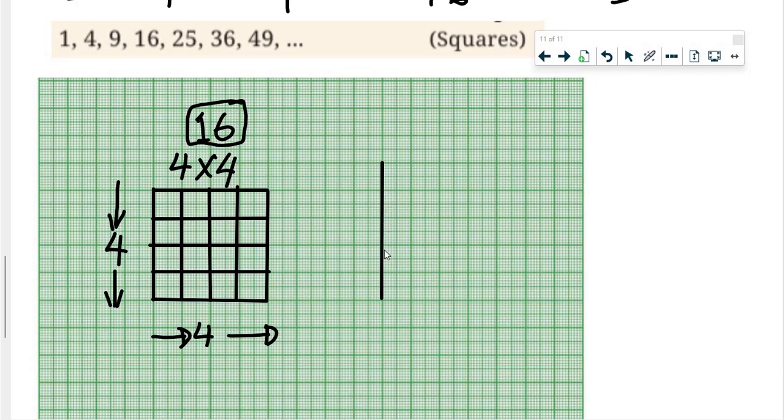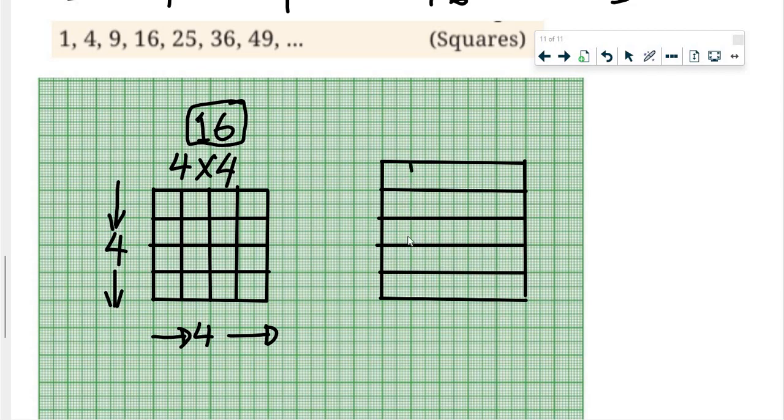And then you have 1, 2, 3, 4, 5, and again 1, 2, 3, 4, 5, and again 1, 2, 3, 4, 5. And then cut it like this to get small squares.